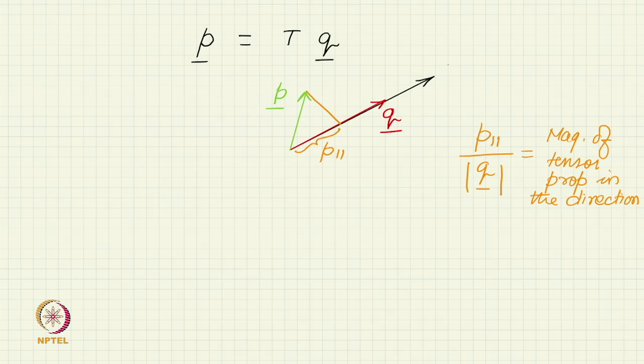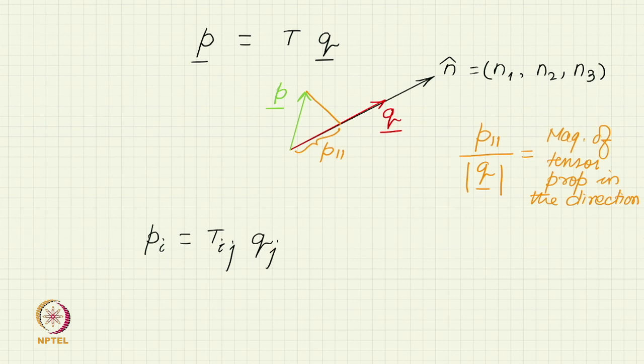Now, let the unit vector along this direction be n cap with components n1, n2 and n3. So, we can express the property in terms of this unit vector and the tensor. So, we have the vector P in terms of components as Pi, and that, as we have seen from the tensor equation, is Tij Qj.